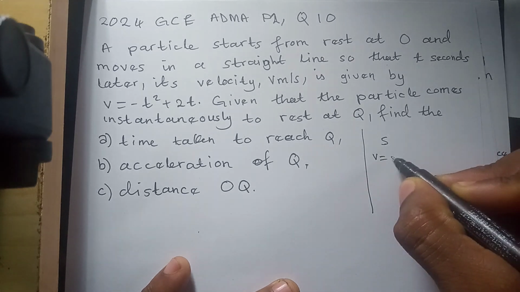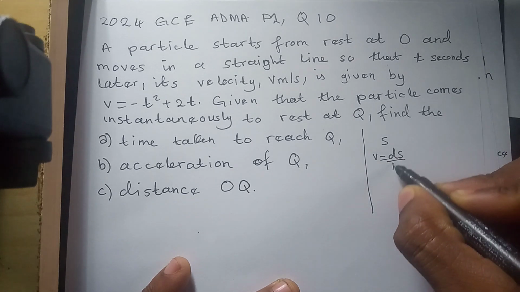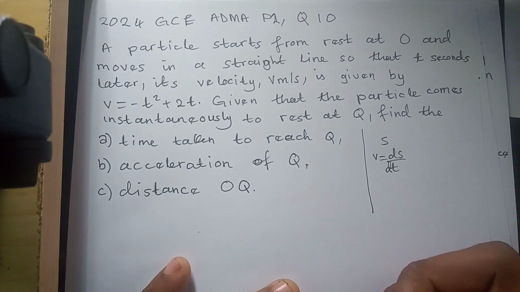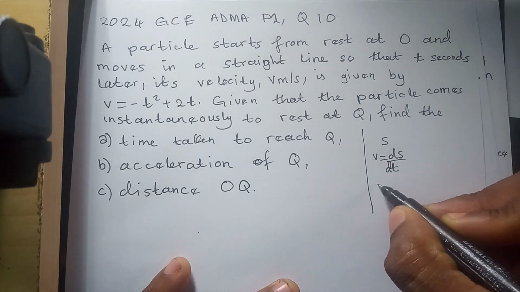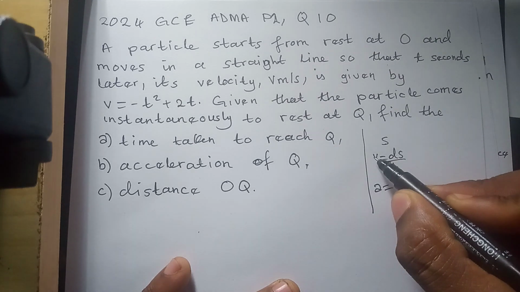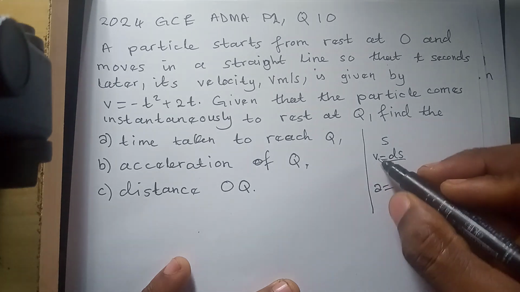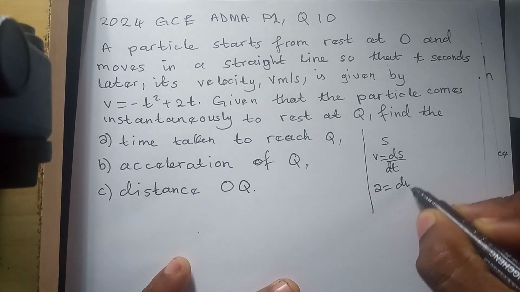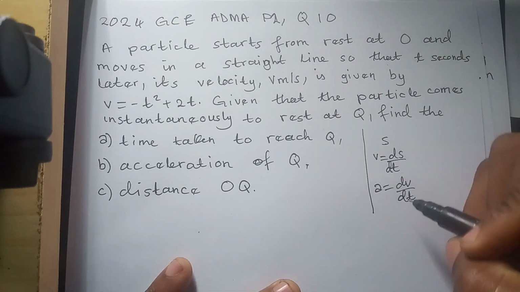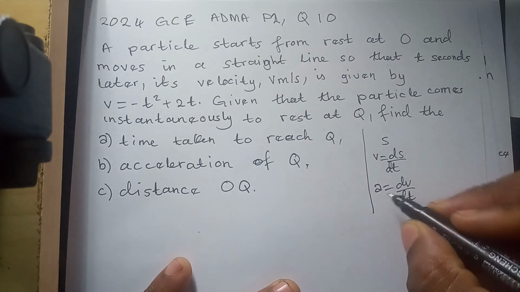That is, you differentiate this with respect to t, ds/dt, and that will give you velocity. And then acceleration is given by differentiating the velocity function, dv/dt, and this is everything you need to know. And of course, to move backwards, you just integrate.